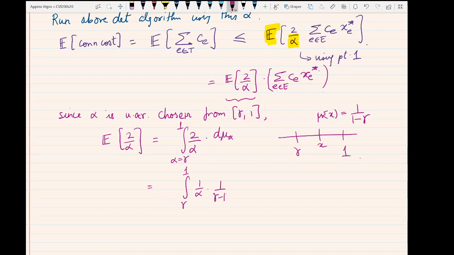The d alpha of course can't come out, just 1 over 1 minus gamma times d alpha, right?